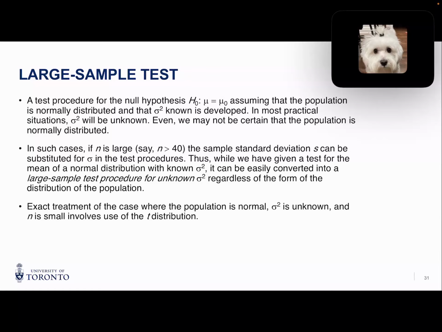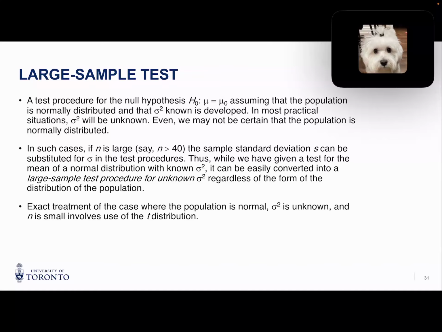The main gist of this slide is sometimes we don't know the variance of our population, but we remember the t-student distribution when we were looking at the table together. As the number of samples or the degrees of freedom increase, the t-student distribution very rapidly approaches the standard normal distribution.